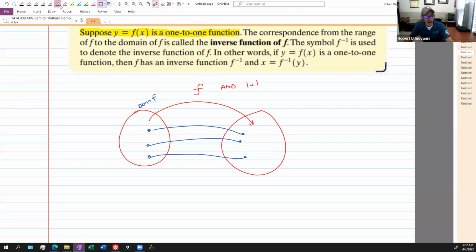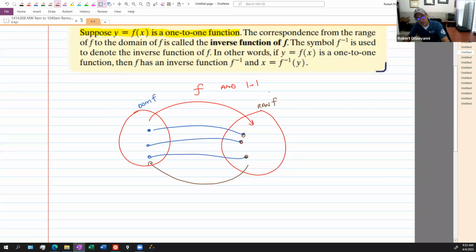Then that means there has to be a way to go backwards and go from these points back to where they came from. And notice that none of these points over here will ever go to 2 places, because of the one-to-one property. Every input on the right side must go to exactly one place on the left side, because f was one-to-one. So the domain of f spits out over here the range of f.